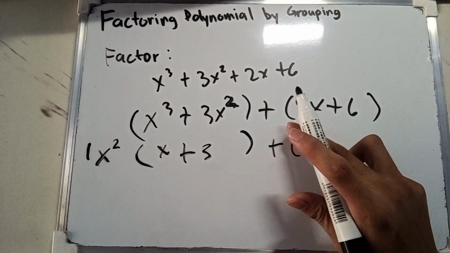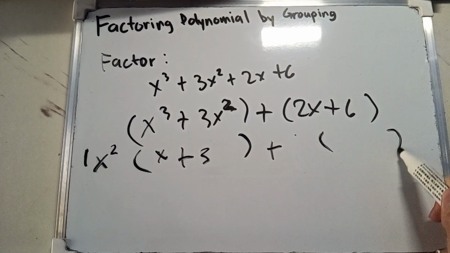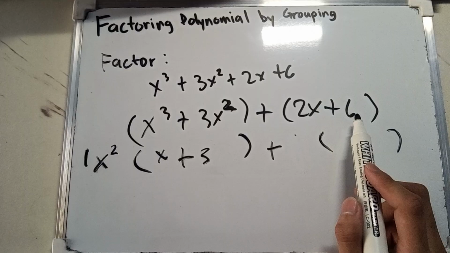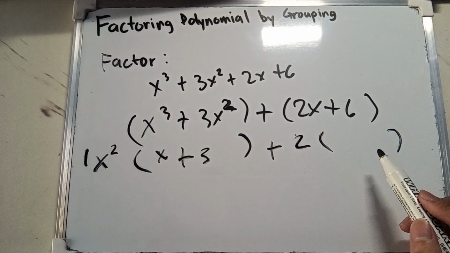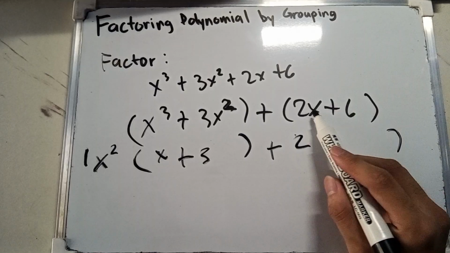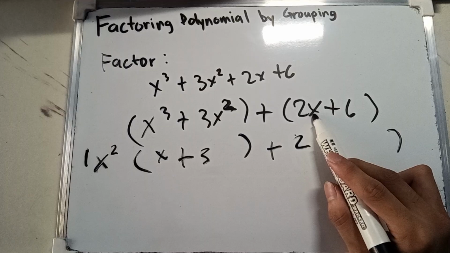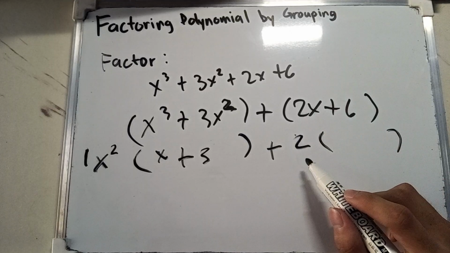Okay, so my bad. So first write a parenthesis. The common factor of 2 and 6 is 2. Okay, and since there is no other variable here other than x, our common factor is 2.